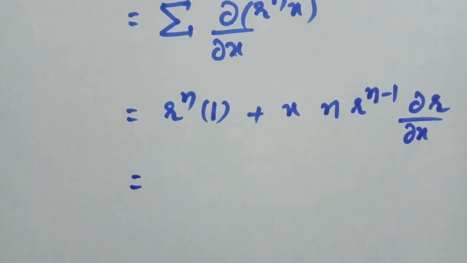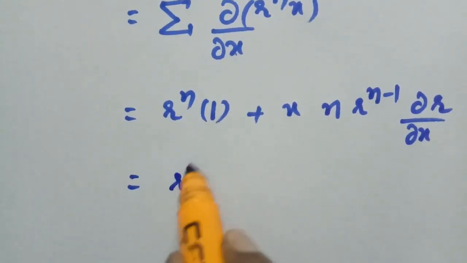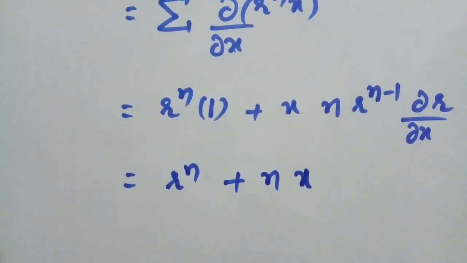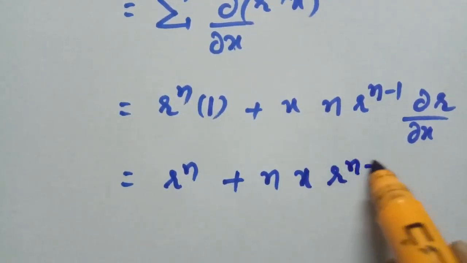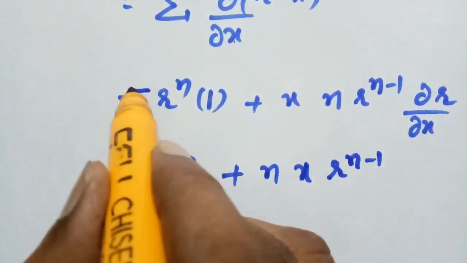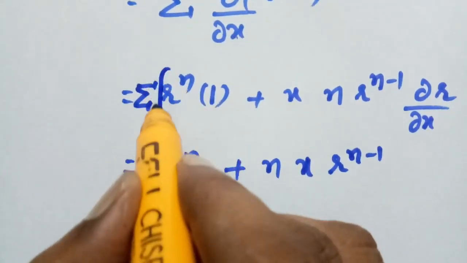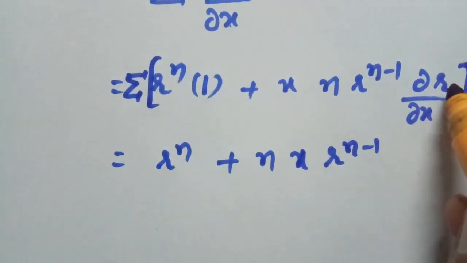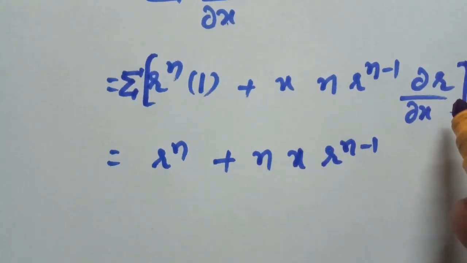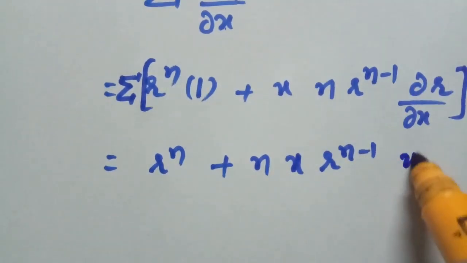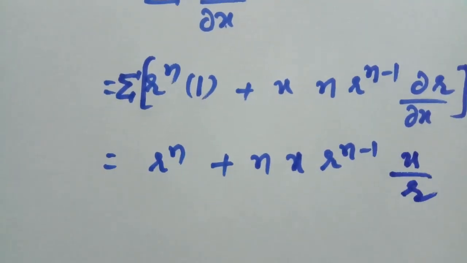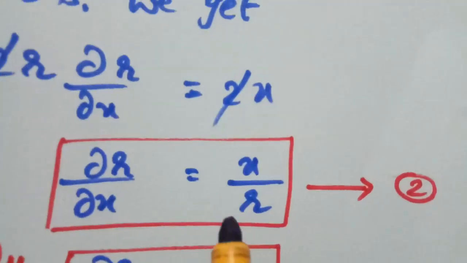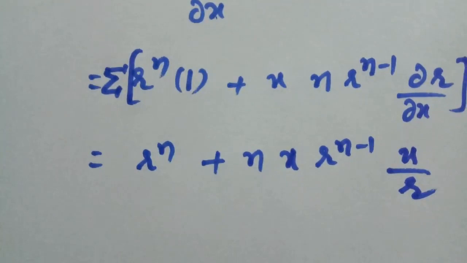Therefore, this can be written as r power n plus n into x into r to the power of n minus 1, sigma, don't forget to write sigma, into dou by dou x of r. From equation number 2, this is x by r.